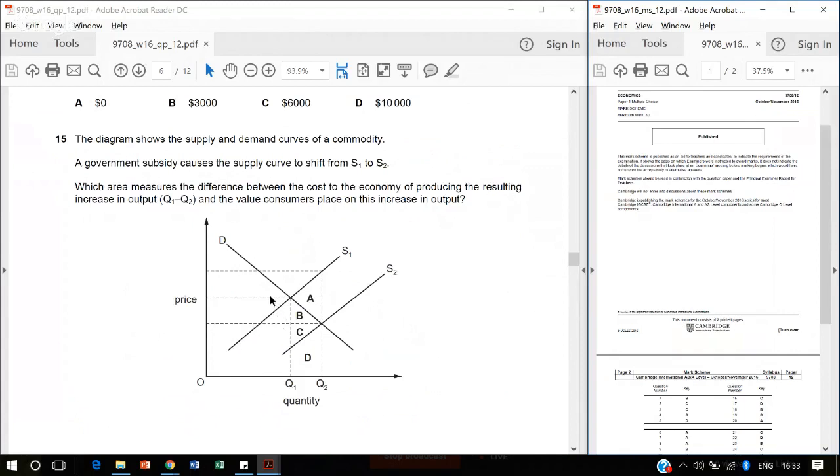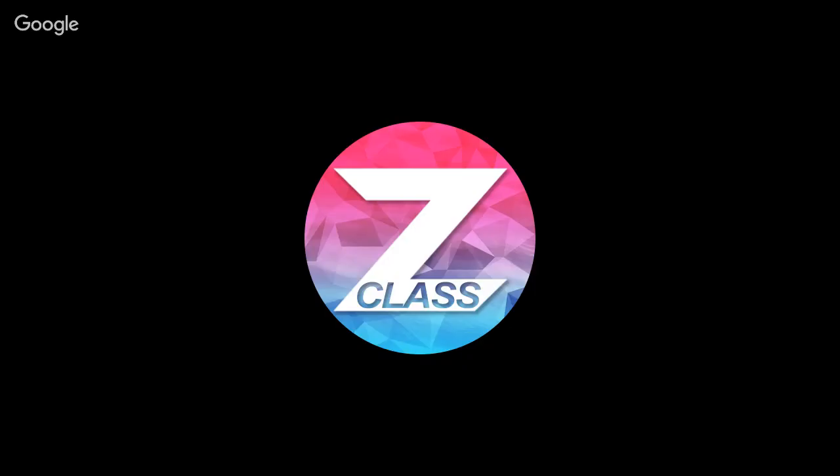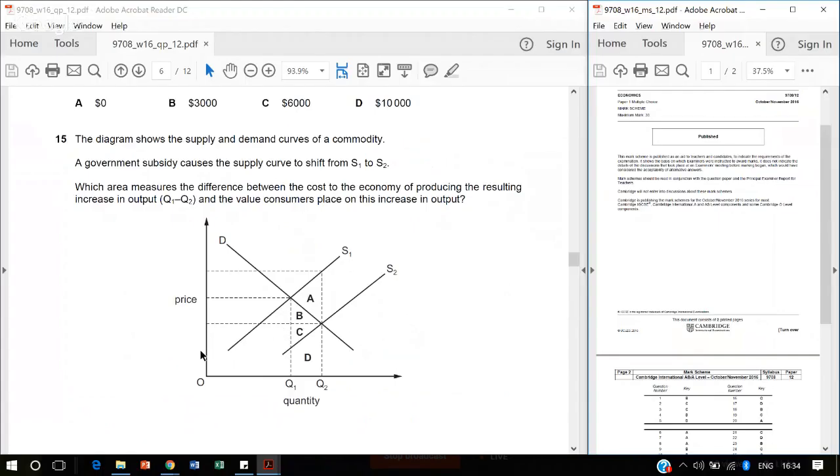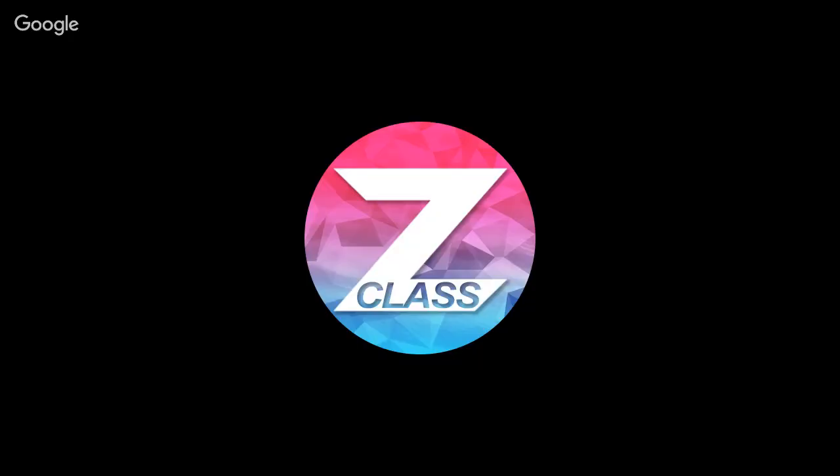So we know that there's going to be some cost to the government and some cost to the producers, right? Yeah. What would be the cost to the government of this entire subsidy? Cost to the government would be A and B, the increase in the price multiplied by the quantity.